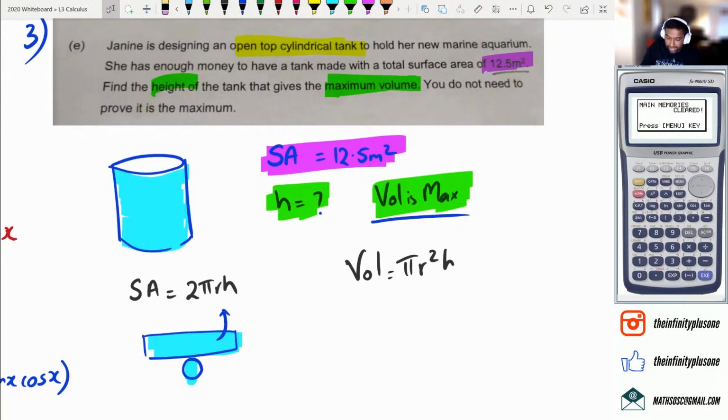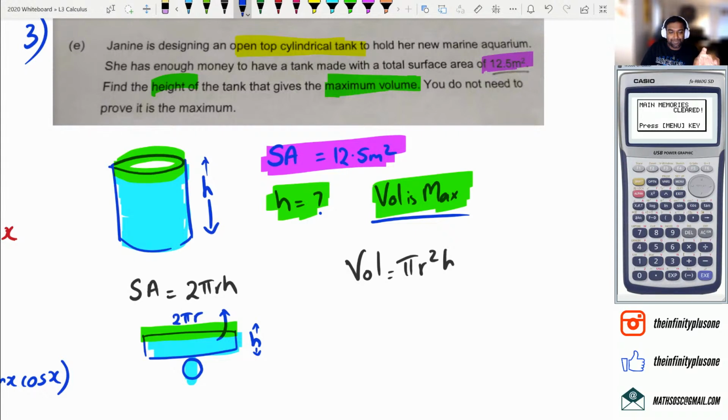If you want to know how that came about, remember that the height is this part right here. That's what I've opened up. And because you've got a circle, the circumference is this part right here, going around, that's that length. So that's how you get that 2 pi r there.